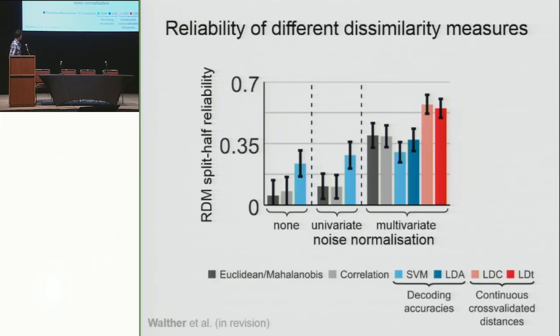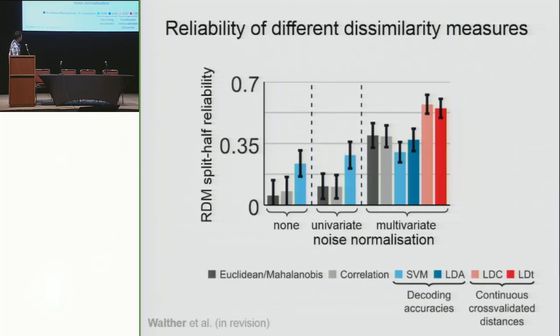So that includes all of these different distances applied to the data after whitening, spatially whitening the pattern space. So here we have in gray and dark gray the Euclidean and Mahalanobis distance and the correlation distance in a lighter shade. Then in blue, we have decoding accuracies interpreted as distances here. When the accuracy is larger, we have a greater separation of the patterns in the pattern space, and we just use that as though it was a distance.